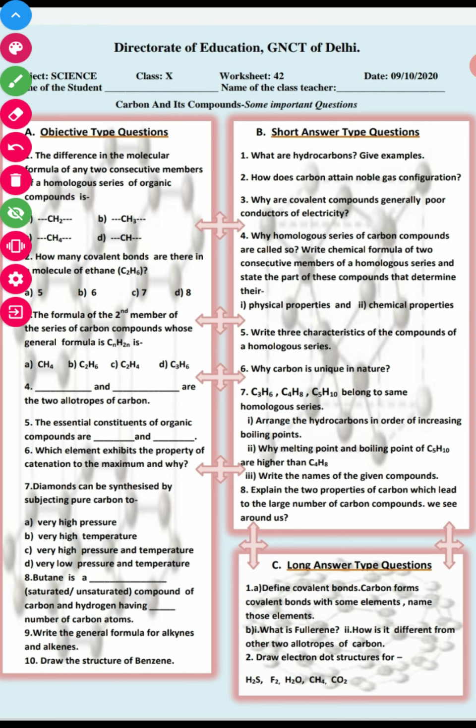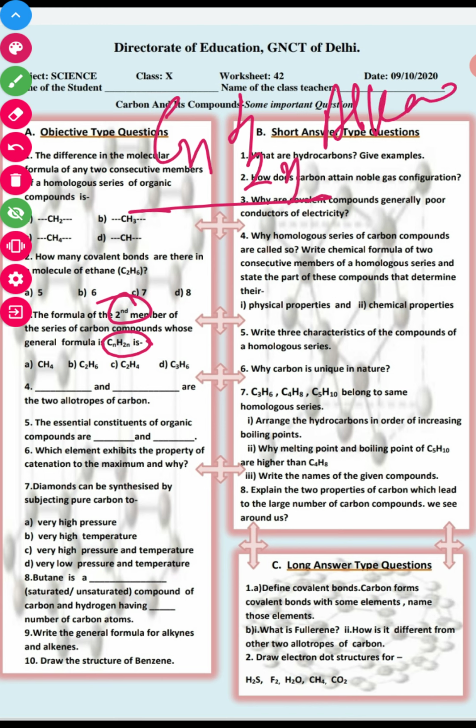Actually, the formula of the second member of the series of carbon compounds whose general formula is CnH2n. Okay, so in this case we have the second member, right? This is the general formula of alkene, and we know that in alkene the compound starts from carbon number 2, and we have to take the second member of this series.